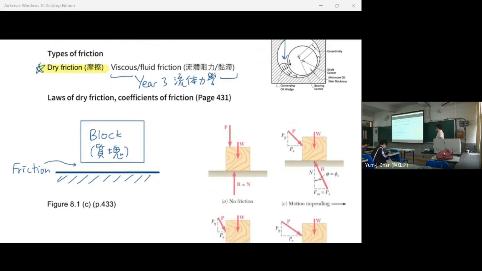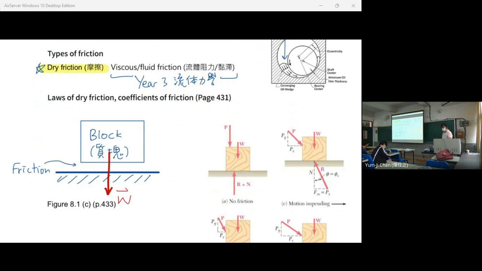Now here, before we try to push this block, if it is at rest, in equilibrium, on the floor, then which forces can we draw? Suppose we have a force of W. What else can we draw if it is not moving? We have a force of gravity W here. What else?